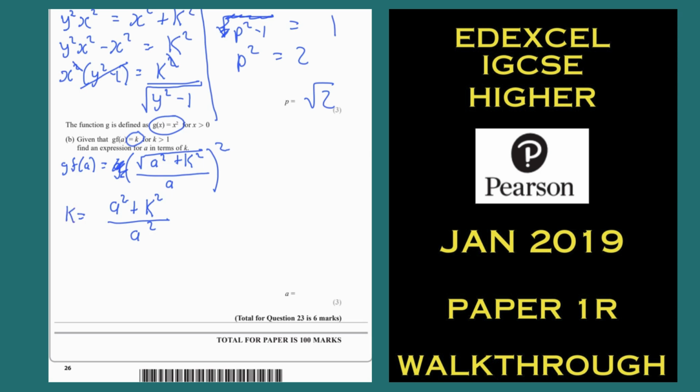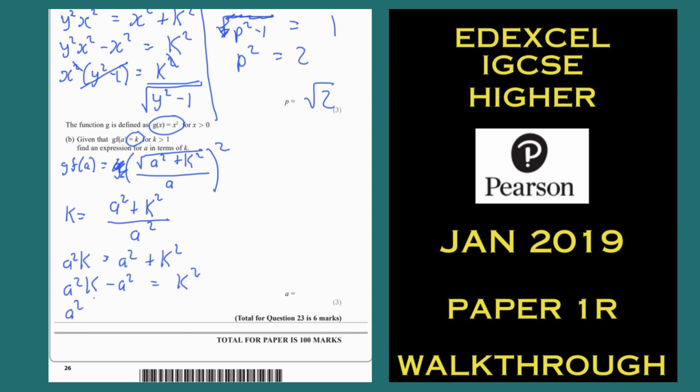So now we need to isolate and make a the subject. So times both sides by a squared. Isolate the a squareds by getting them onto the same side and factorising just like we did for part A. So minus a squared from both sides.